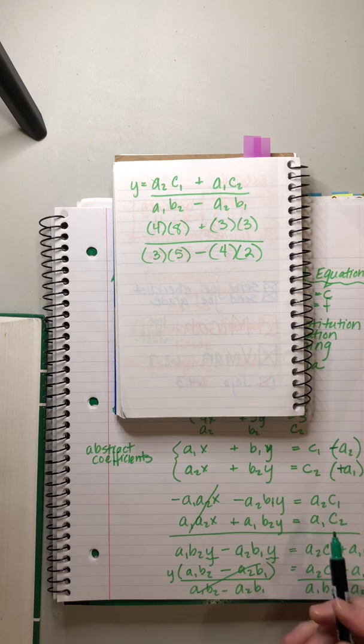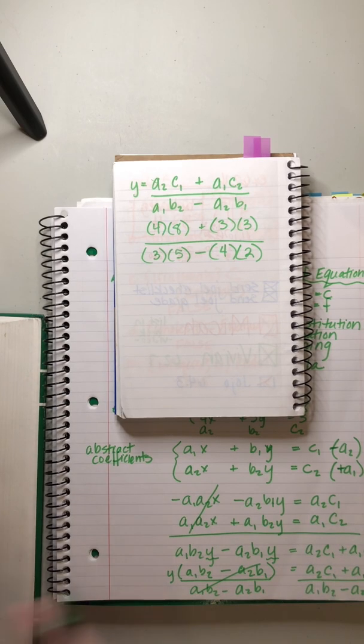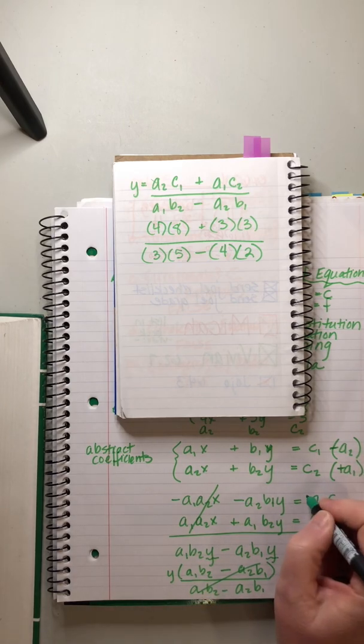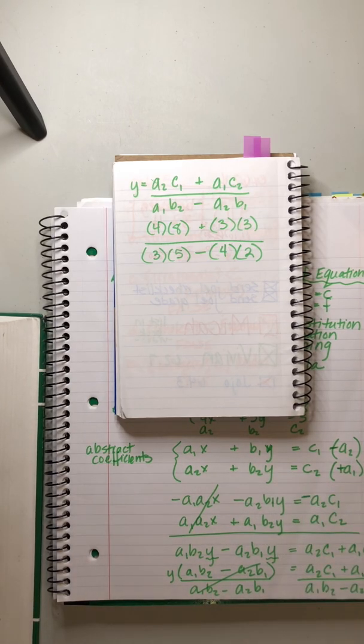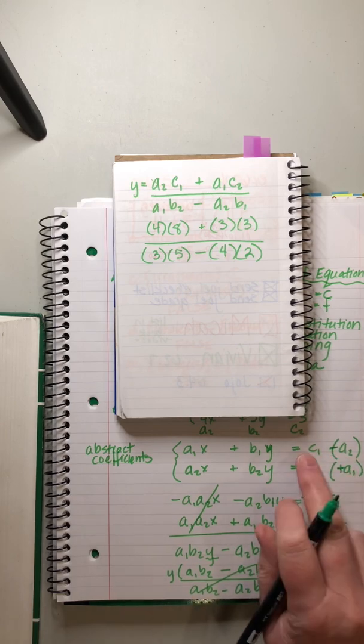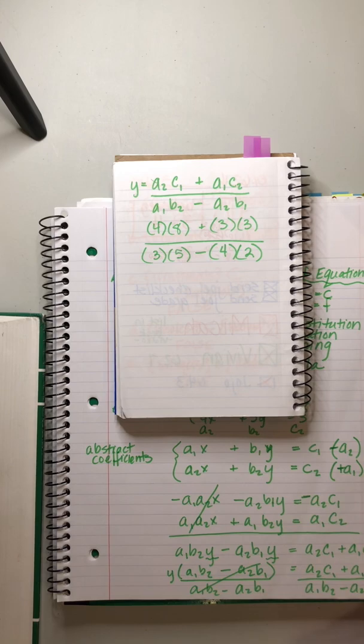I've got a minus sign wrong somewhere. Oh, here it is. This should have a minus right there. Right? I dropped that minus sign. I multiplied the two letters together, but I dropped that minus sign.